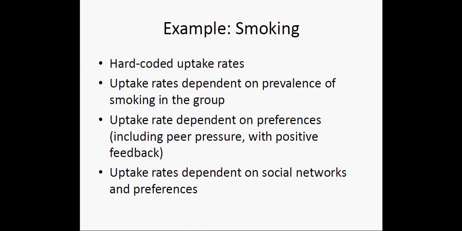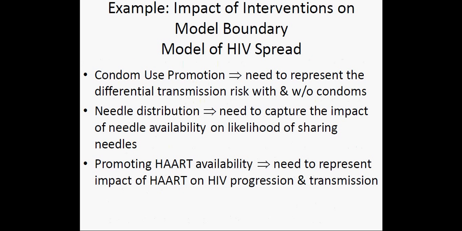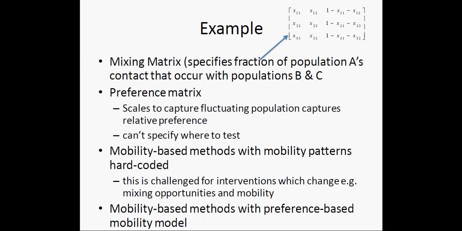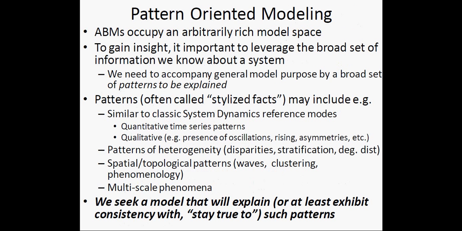And I've provided some examples, with smoking, different ways you might characterize the situation, different levels of detail that you might use for different contexts, and same thing with modeling of HIV spread. Different interests lead to need for different levels of representation, and then mixing between individuals as might affect spread of norms as well as spread of pathogen.